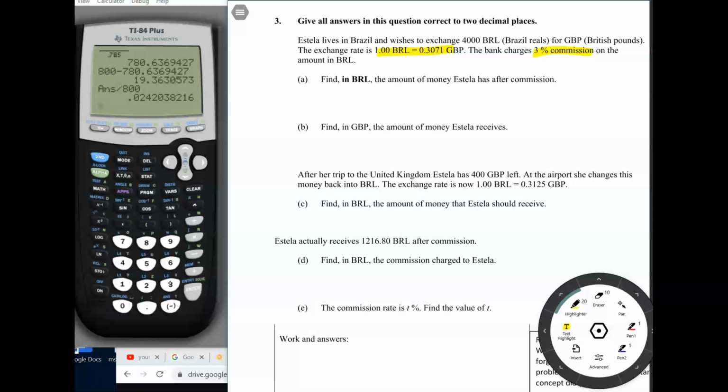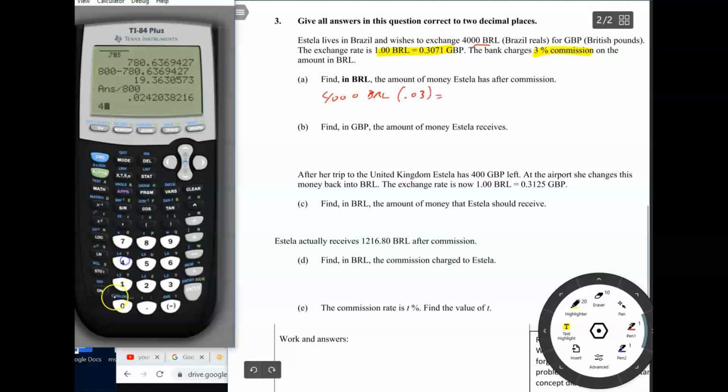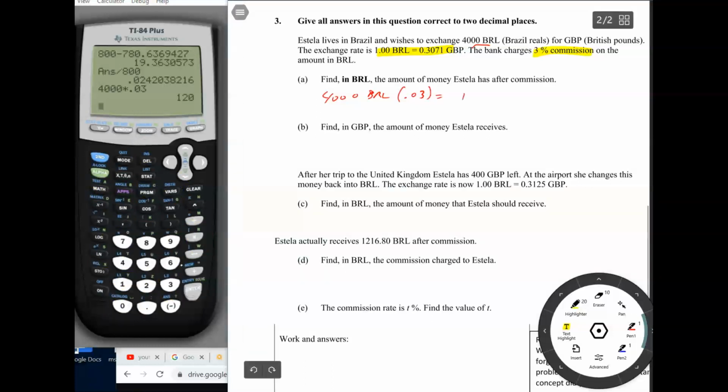Okay, so she's going to change 4,000 Brazilian reais, and she's going to lose 3% in commission. 3%, remember, is 0.03 because I multiply 3 times 0.01. And let's see how much the commission is. The commission is 120 Brazilian reais.